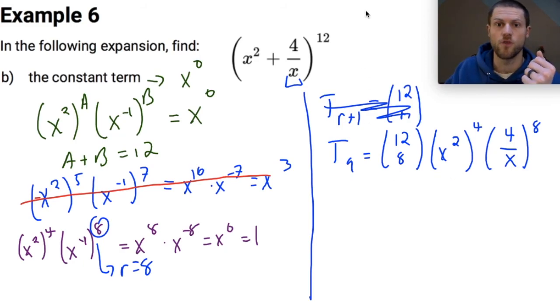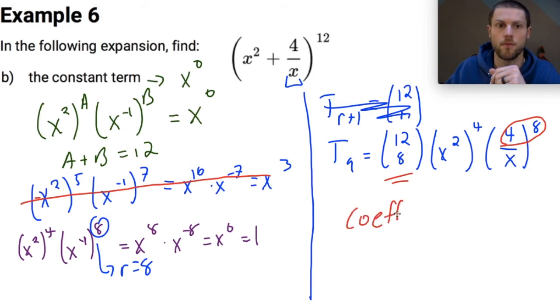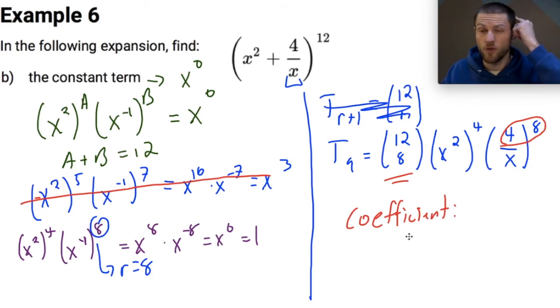So now all I'm concerned with, again, is the coefficient. So really I'm just focusing in on whatever this number is and whatever this number is. So the coefficient, and actually technically the coefficient is the term. Since we're talking about a constant, this is whatever is in front of x to the 0, and it's just a coefficient anyway.